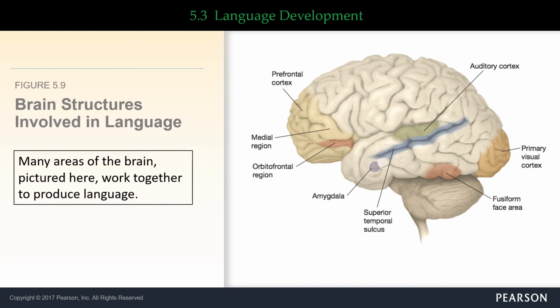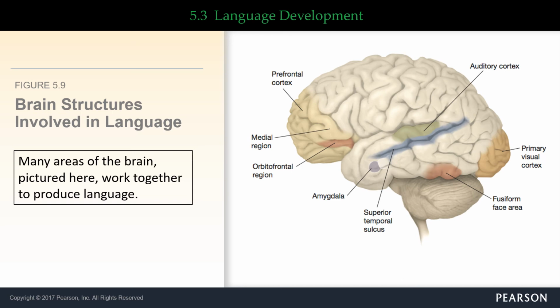So let's look at the many areas of the brain that are involved in language. For sure, the auditory cortex on the right is going to make a difference. And in regards to joint attention and body language, the visual cortex, on the bottom right, and then the face area for facial recognition, sort of in the center.